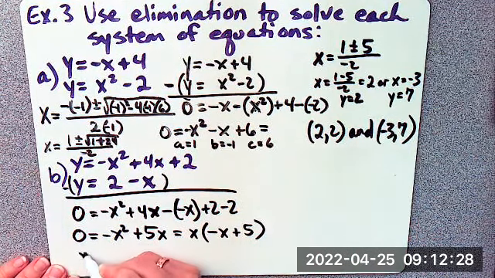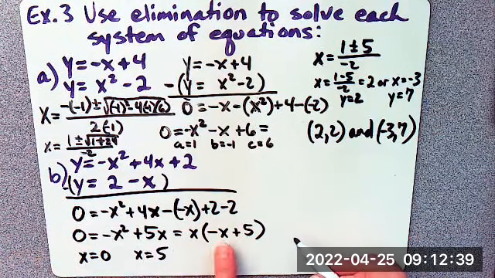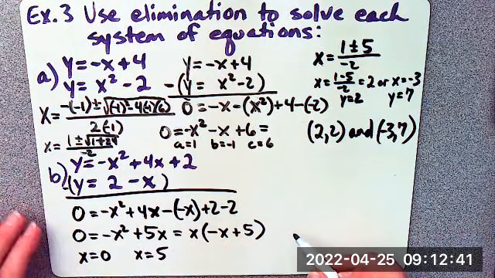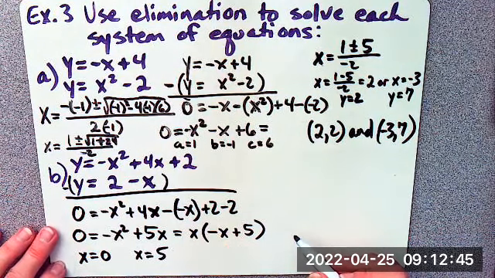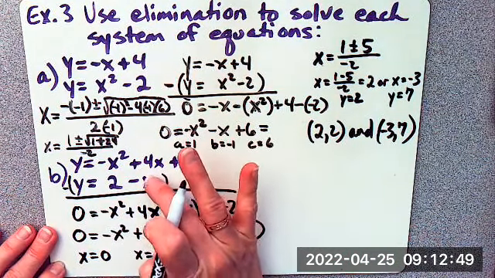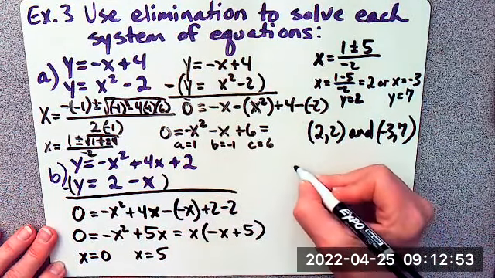So we see x equals 0 as a solution, and also 5. x equals 5 is a solution because negative 5 plus 5 is 0, using the zero product property.